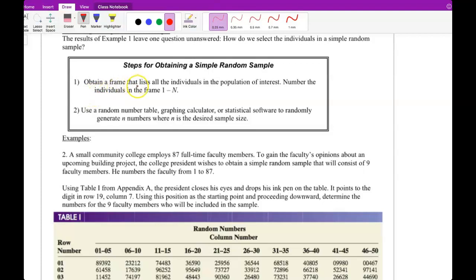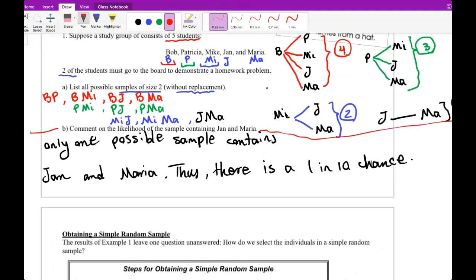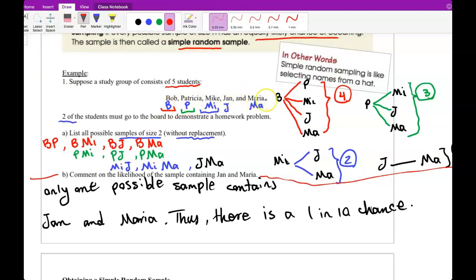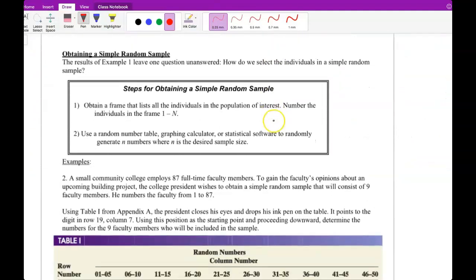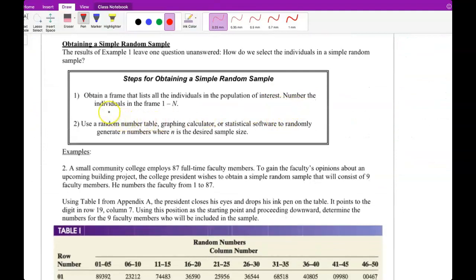Obtain a frame that lists all the individuals in the population of interest. We already have that part here. And number the individuals in the frame, 1 to n. This n is the population size.